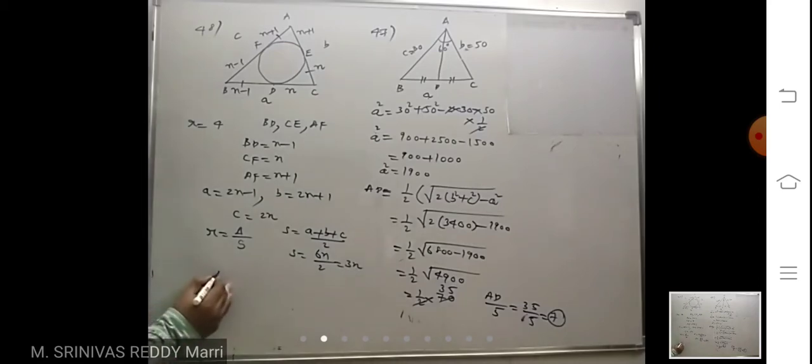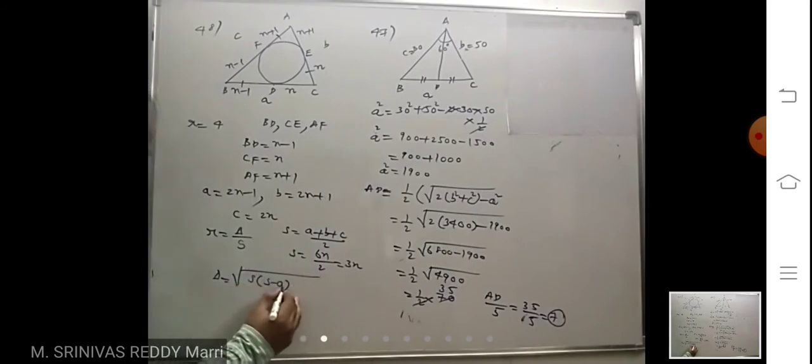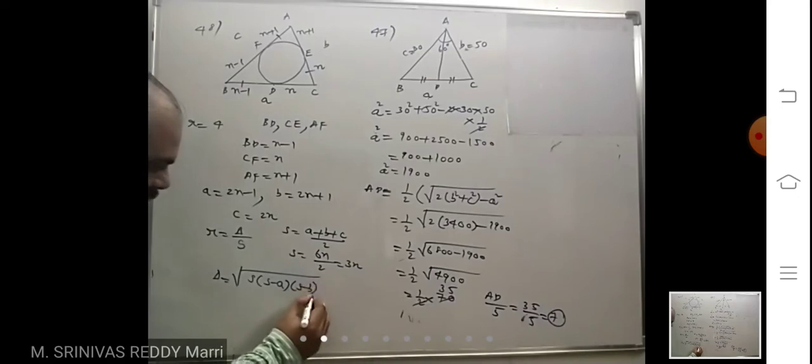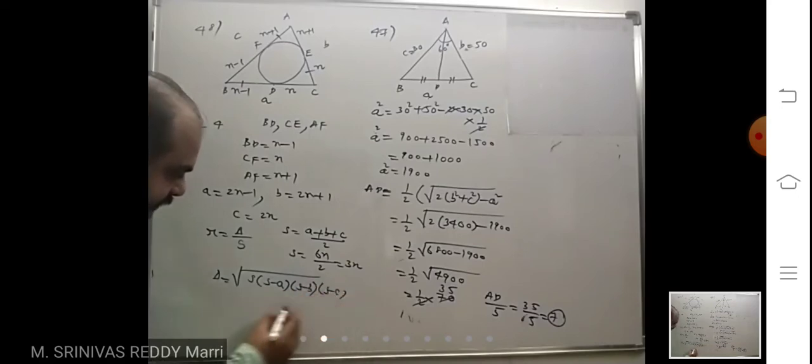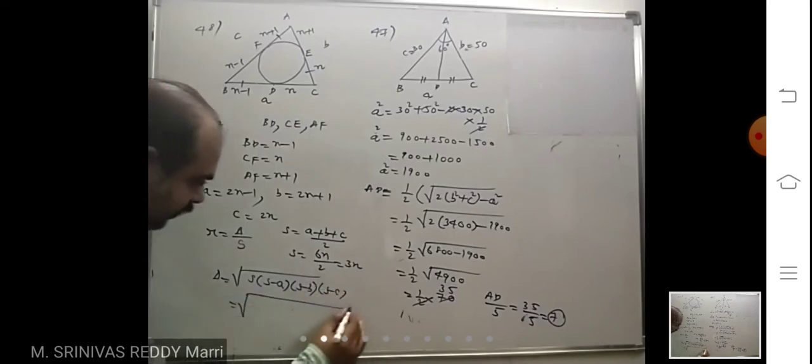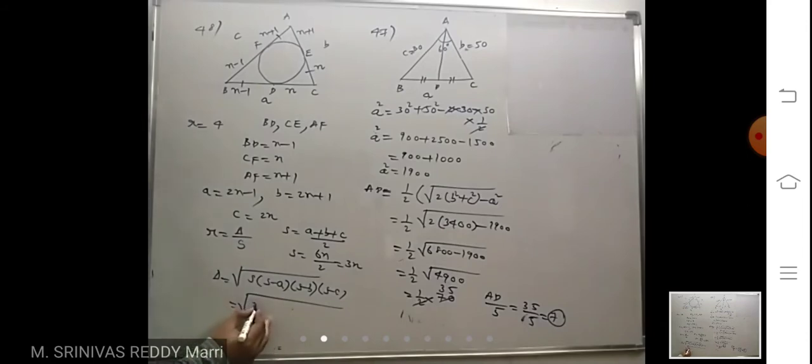Therefore delta we will calculate as root of S into S minus A into S minus B into S minus C. This is the formula. S is 3n.